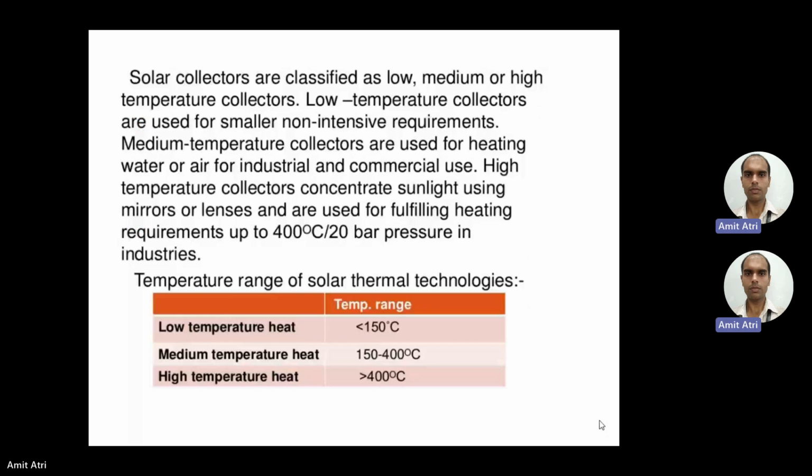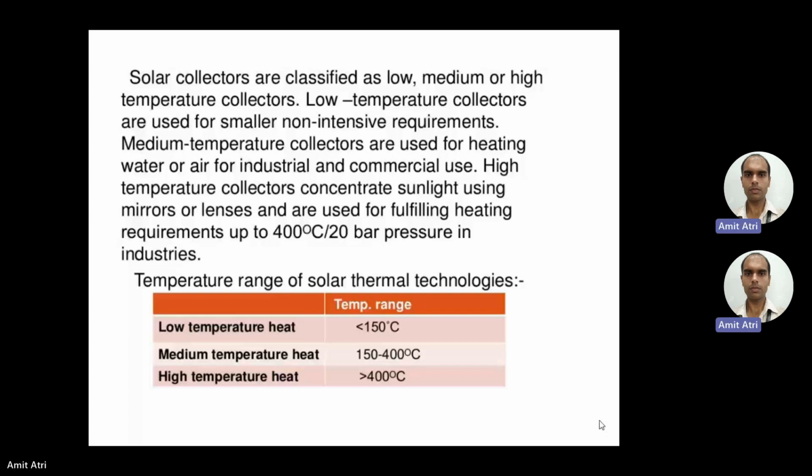Now, the designing of solar collectors is of two types: non-concentrating collectors and concentrating collectors. Now discussing the non-concentrating collectors. In this type of collector, the collector area is the same as the absorber area.